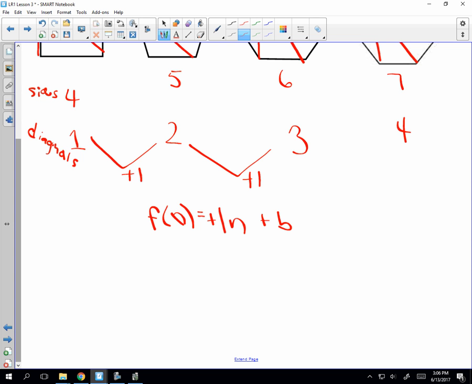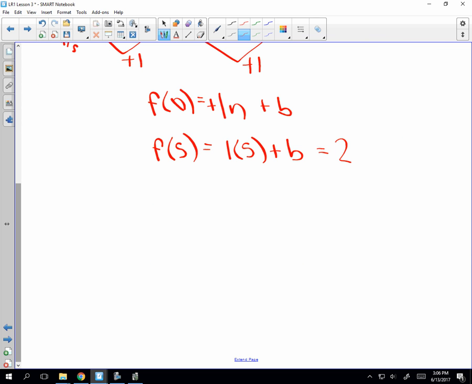What's the adjustment that has to be made to make the pattern work? And we can always find that value by plugging in. We know that the function of 5 is 1 times 5 plus b, but it also has to equal 2. So how can I do 5 plus something to equal 2? In this case, b would have to be a minus 3.